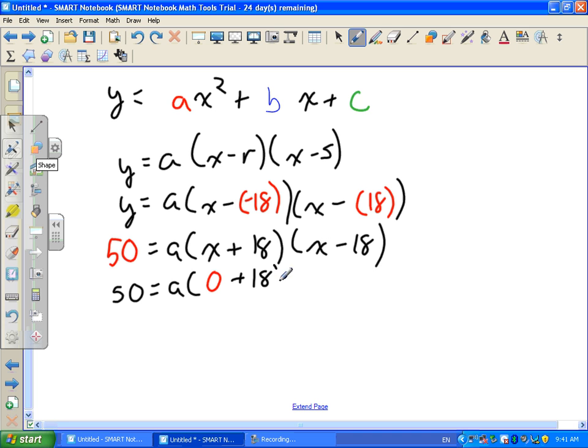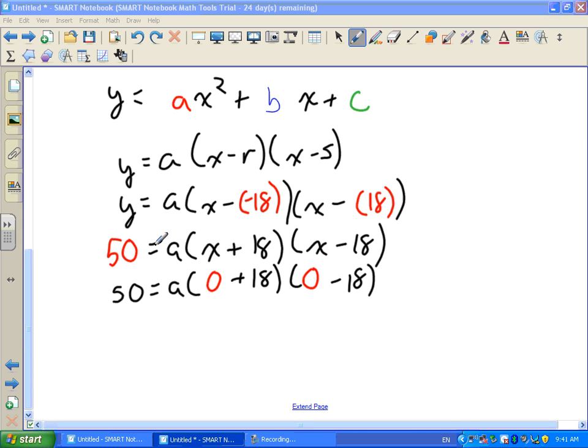That's 18, minus 18. Okay? Now that I've plugged all that in, I can expand and simplify it.